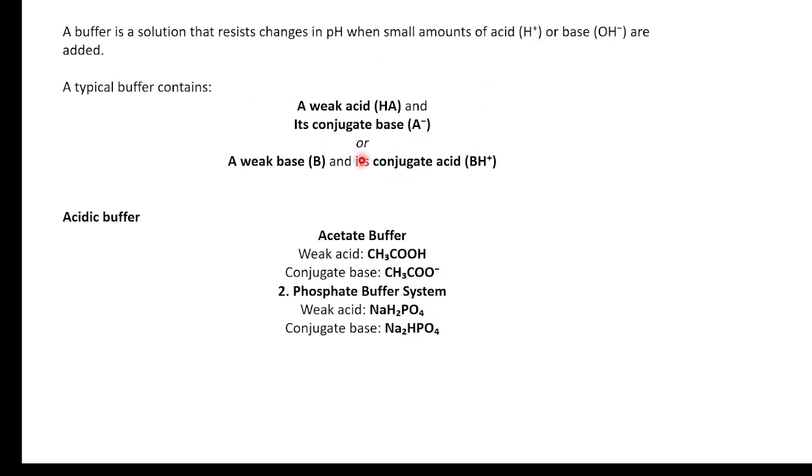The example of the acidic buffer is CH3COOH, which will work as the weak acid, and the acetate ions that will work as conjugate base. Similarly, for the phosphate buffer, NaH2PO4 will work as a weak acid, and Na2HPO4 will work as a conjugate base, because you can see the number of H plus ions is more in the NaH2PO4, so it will work as a weak acid.